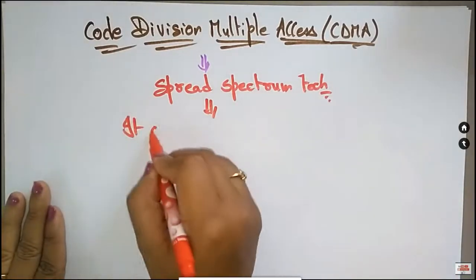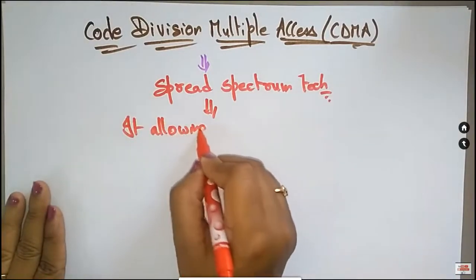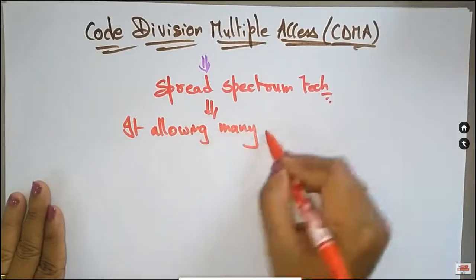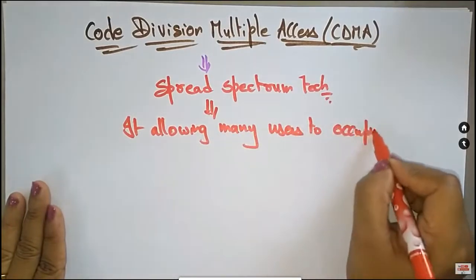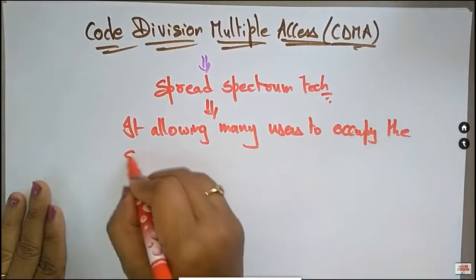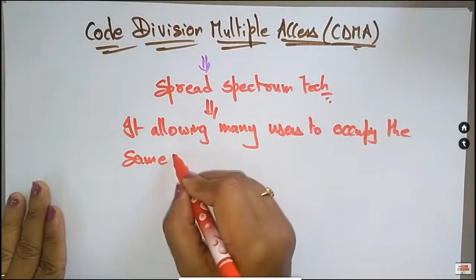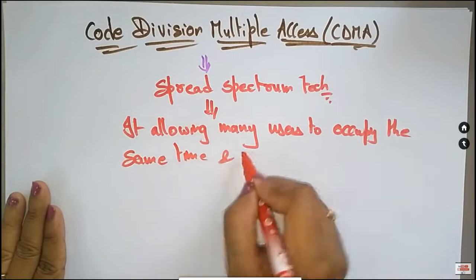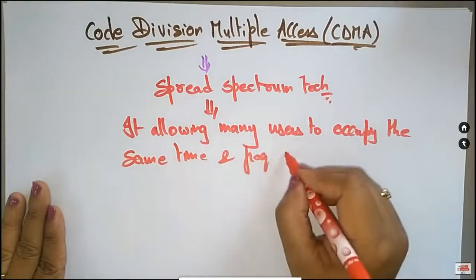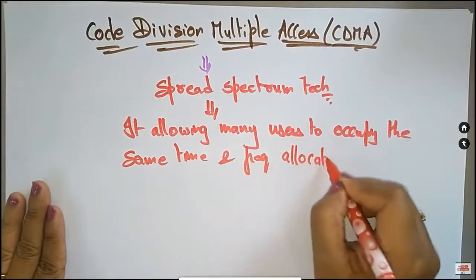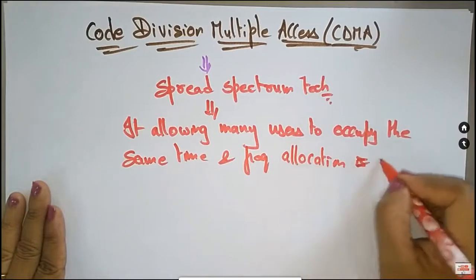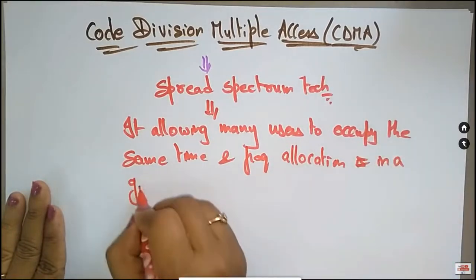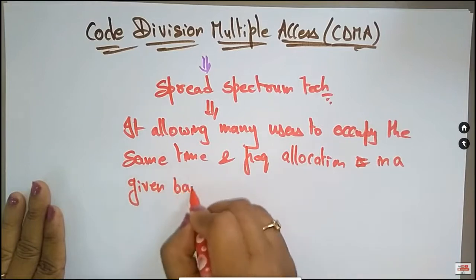CDMA is allowing many users to occupy the same time and frequency allocation in a given band or space.